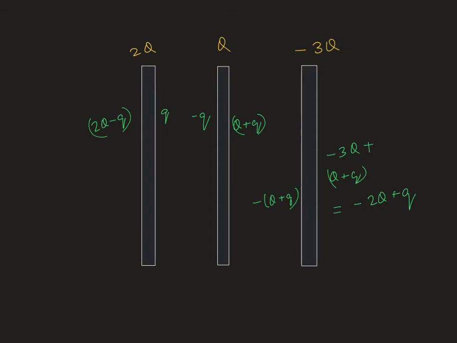Now the shortcut is simply this. You have to consider the first charge and the last charge, and you must understand that the first charge and last charge will be exactly equal, even in terms of the signs.